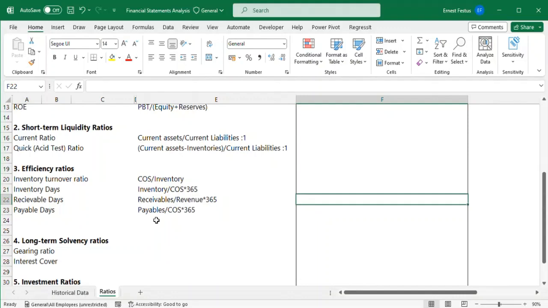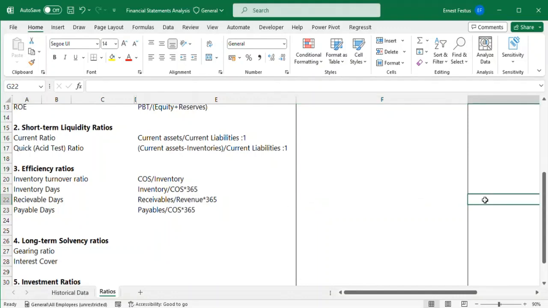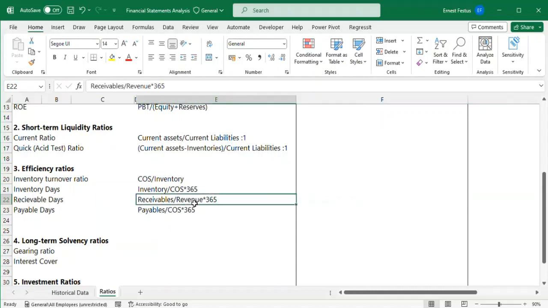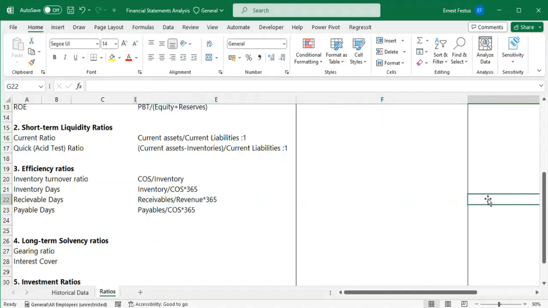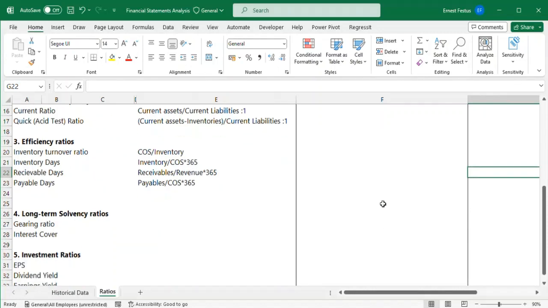And if your receivable days are too high, there is a risk that your receivables might not be collected, and hence they will become irrecoverable. That's why we have bad debts. So a very high receivable days is an indicator of the risk of your receivables becoming irrecoverable, a risk that you might want to avoid at all costs.